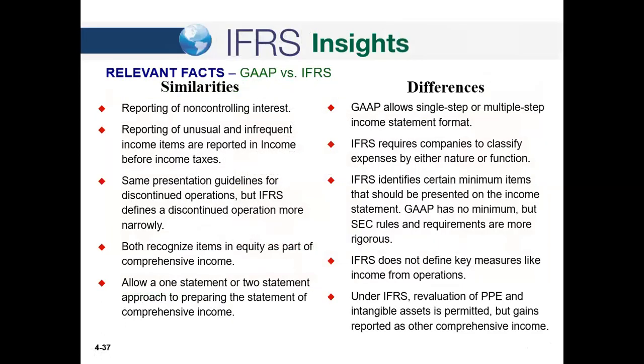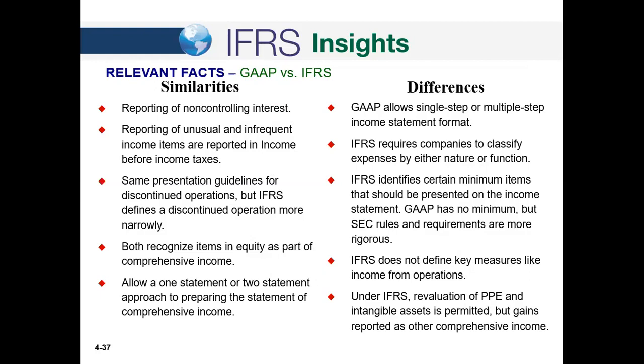And then finally, some of the differences between generally accepted accounting principles and international financial reporting standards. We'll start with the similarities first. GAAP and IFRS are similar in how we report non-controlling interest. They're similar in how we report unusual and infrequent income items.